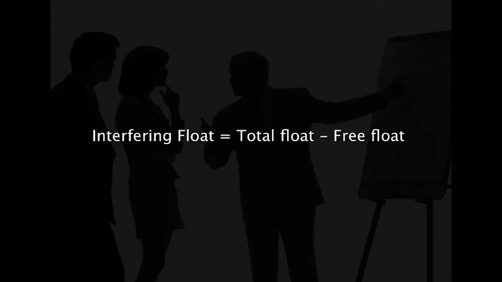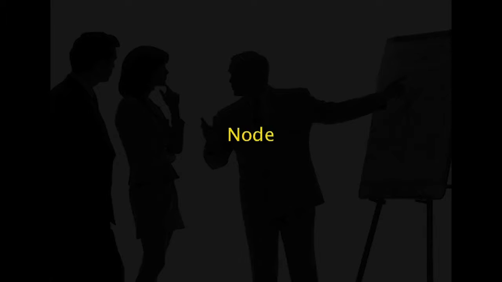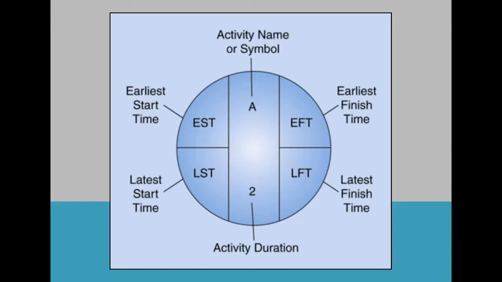The next is interfering float, that is total float minus free float. Next is node. The node is represented in the following manner, as shown in the picture. To the left you see EST and LST, and to the right EFT and LFT.